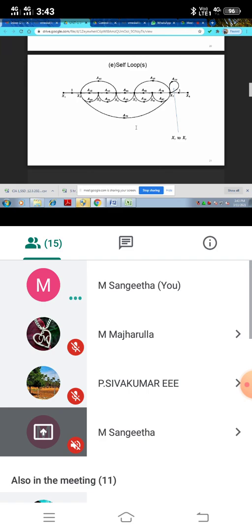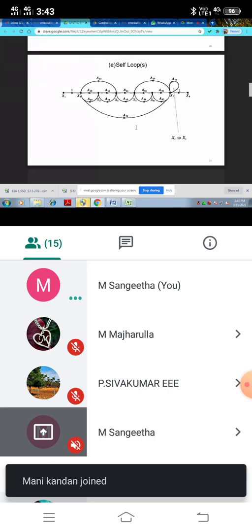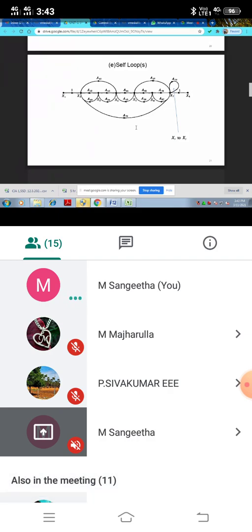If a block diagram reduction has blocks, summing points and branch points, then the signal flow graph has nodes instead of blocks, with one arrow mark, and instead of a summing point it has a node representation. Apart from that it contains branches.